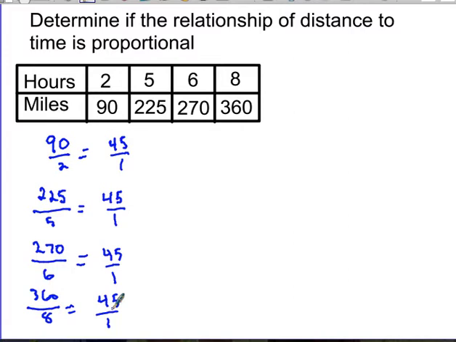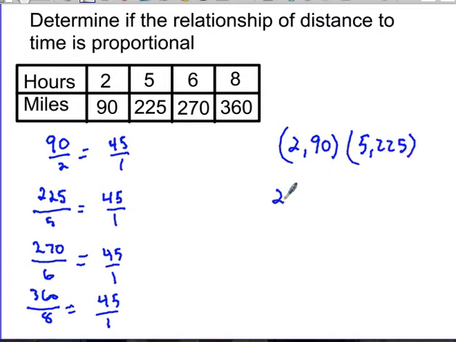And with this, even without a graph, could I find the constant rate of change? Yeah, because I have ordered pairs here on the table, right? So with just the information on the table, we could find the rate of change. And for the rate of change, pick any two ordered pairs: (2, 90) and (5, 225).